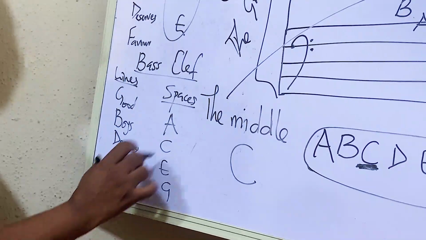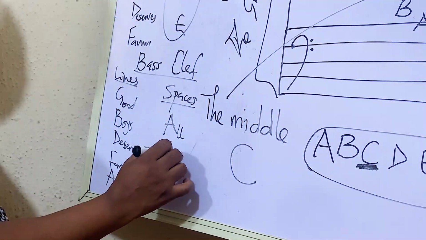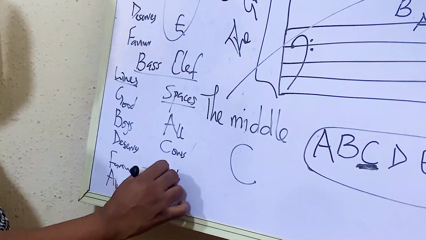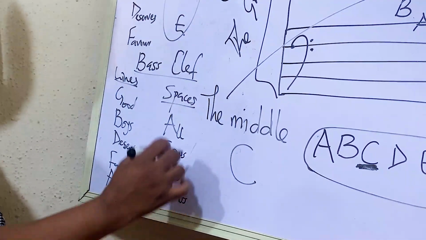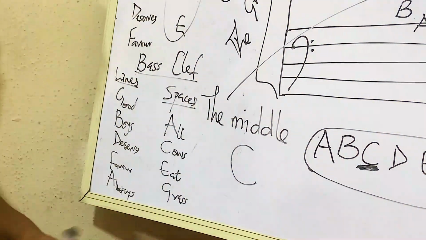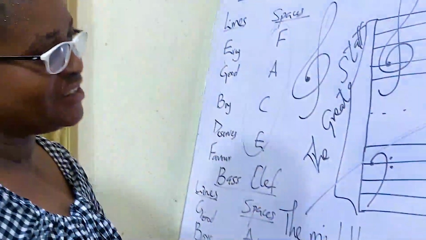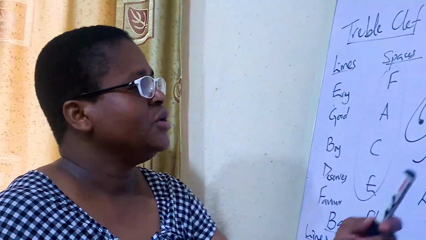I think that makes sense. And the spaces we have, All Cows Eat Grass. Do they really eat grass? I don't know, but it makes sense. All Cows Eat Grass.